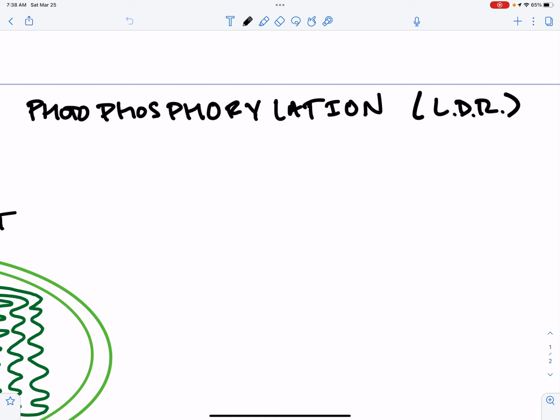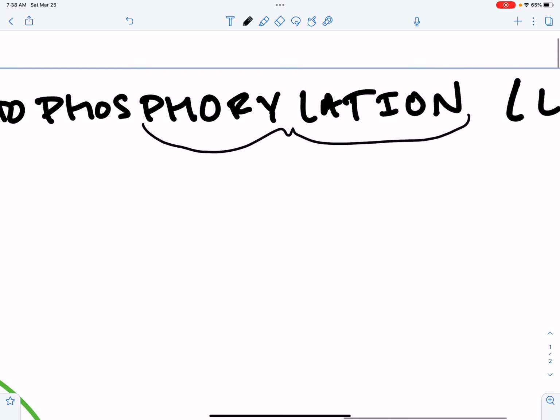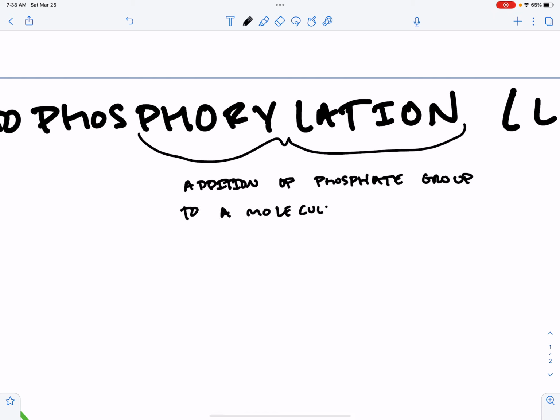Okay. What is phosphorylation? This word that's embedded in here, phosphorylation. Phosphorylation is the addition of a phosphate group to a molecule. So, for example, if we take adenosine diphosphate and we add a phosphate group, and this little i just means inorganic phosphate.